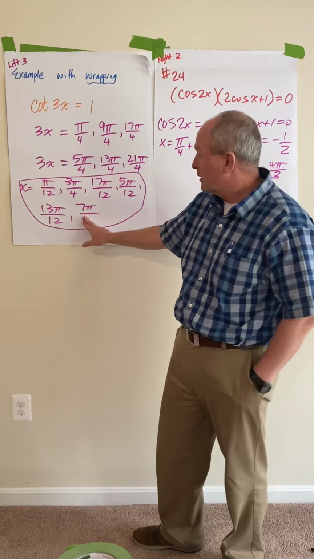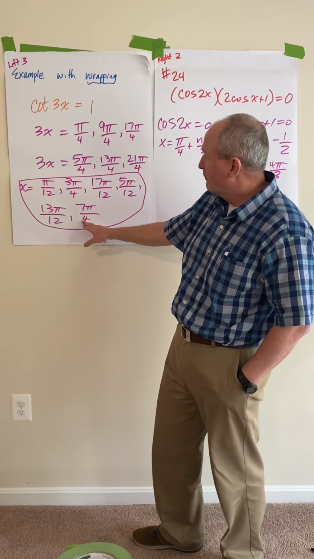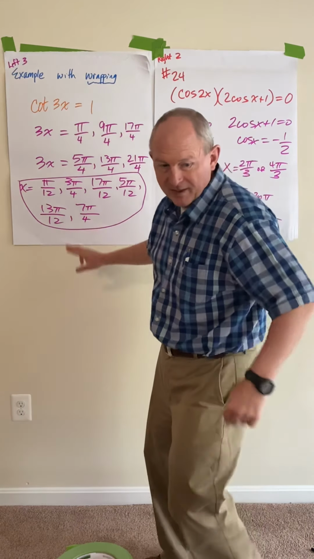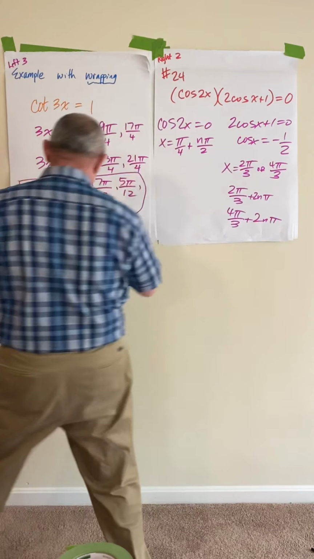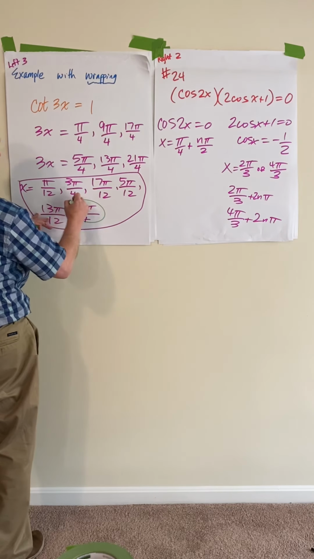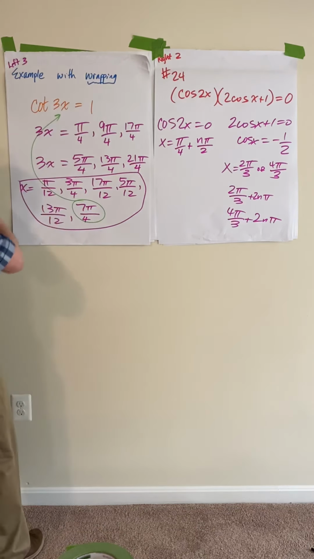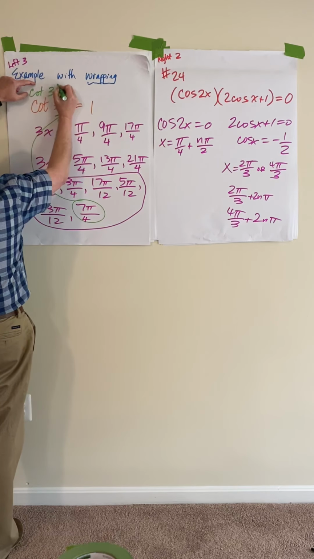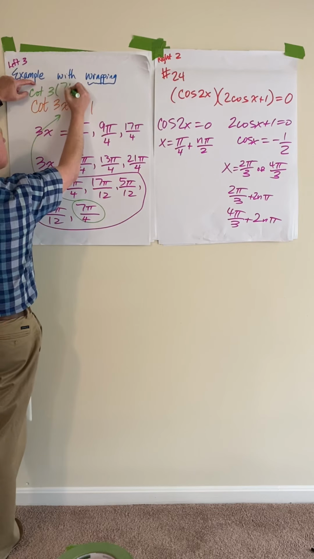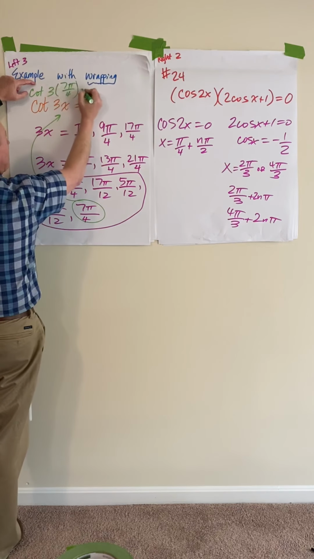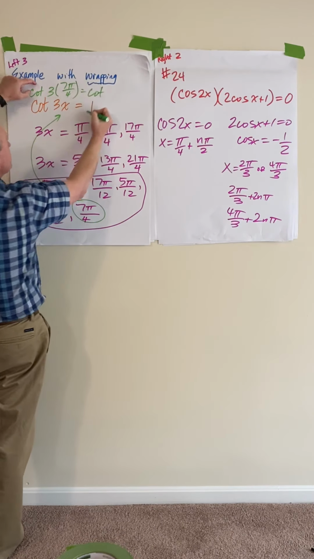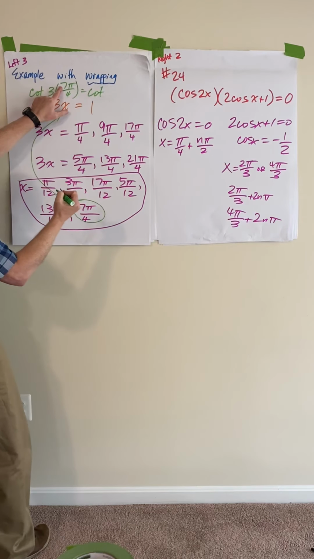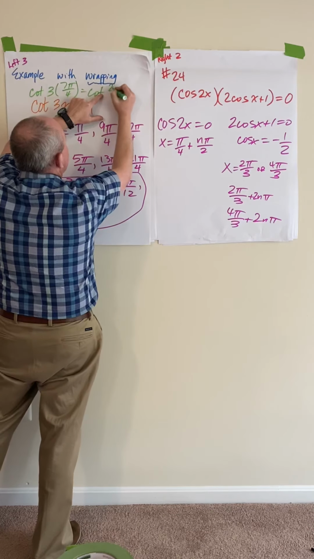Let's do the cotangent of 3 times 7 pi over 4, and let's just see what happens. Sort of a check. We're just going to check this one answer right here. So we have the cotangent of 3 times 7 pi over 4. Well, that would be the cotangent of 21 pi over 4.